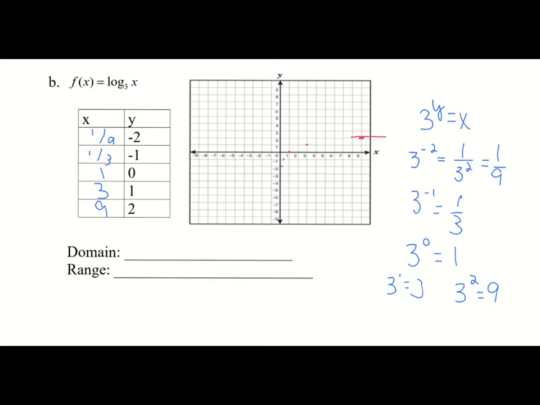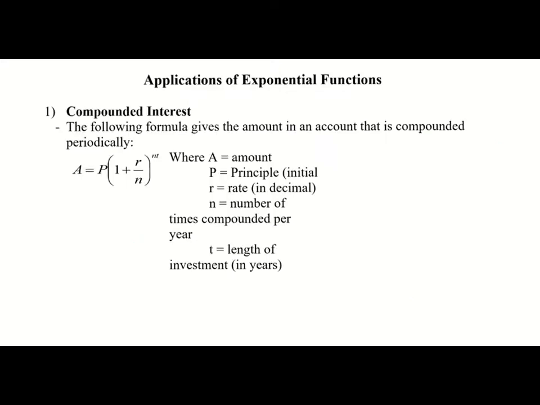So again, when I graph it, it's going to look like this. It's going to ride right along that y-axis, but never touch it. And here, again, your domain and your range will be the same. It's going to ride right up to that 0, but never pass it, and it will be to positive infinity. And then the range is going to be negative infinity to positive infinity.